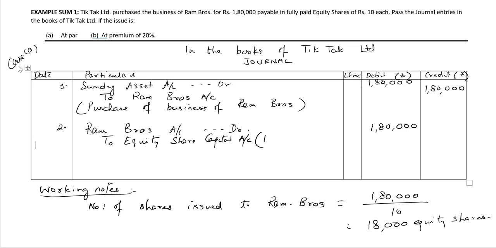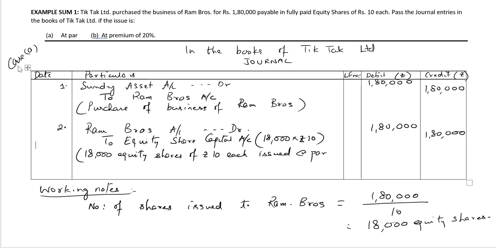So against equity share capital, the number of shares multiplied by the face value per share, which is rupees 10, gives 1,80,000 rupees. And the narration: 18,000 equity shares of rupees 10 each issued at par for consideration other than cash.